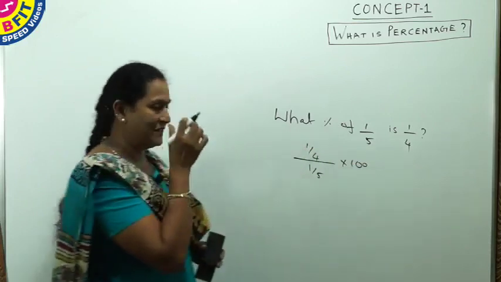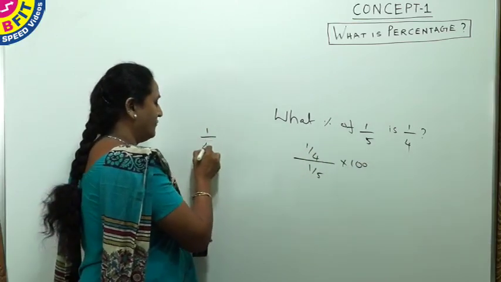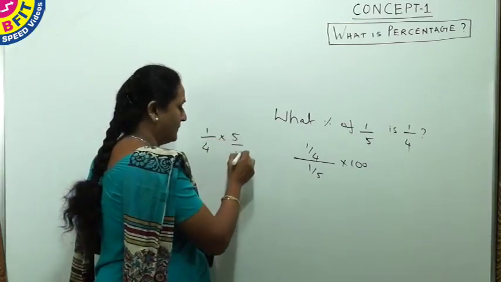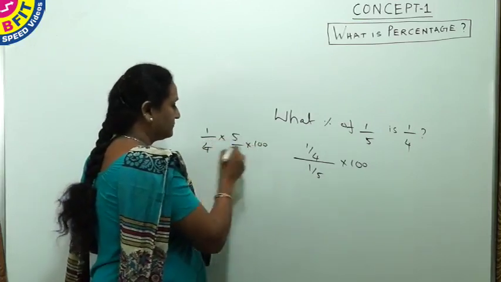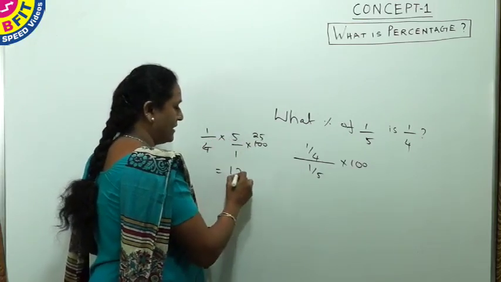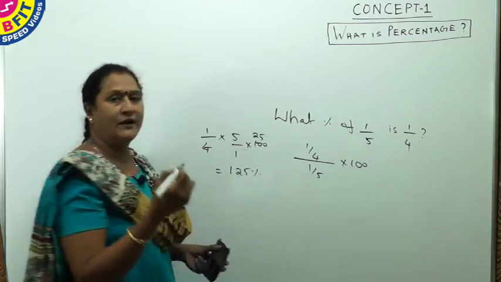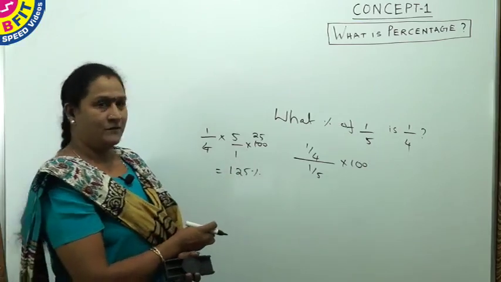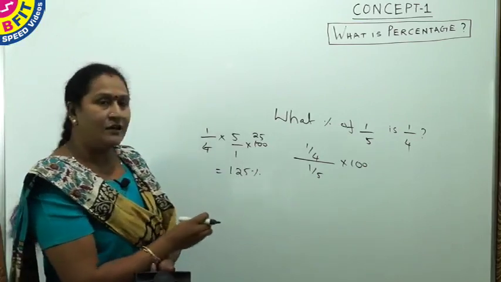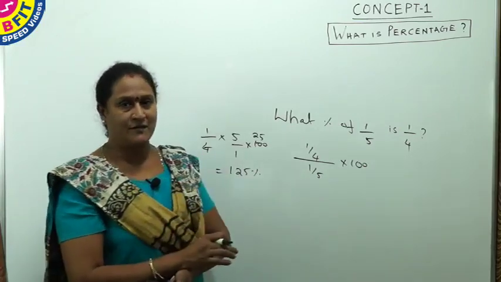To find the percentage, 1 by 4 into 1 by 5 is reciprocated and multiplied. So the required percentage is 125%. So these are the basic concepts of percentages, and we'll see a few examples based on these concepts.